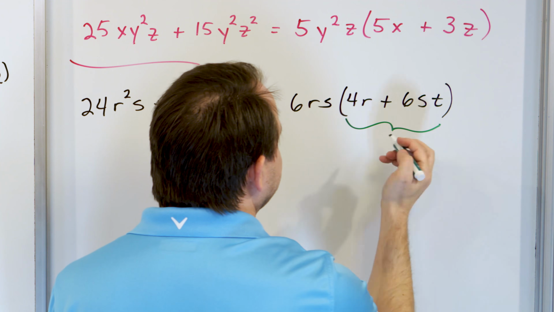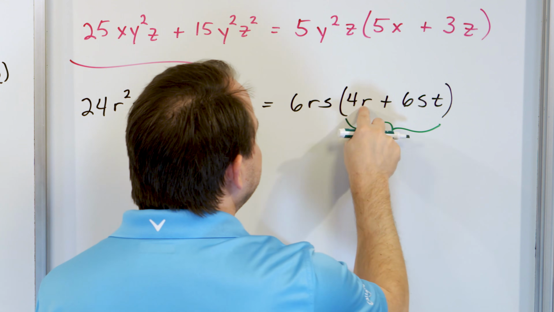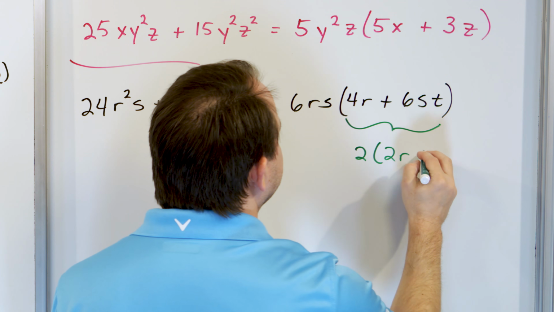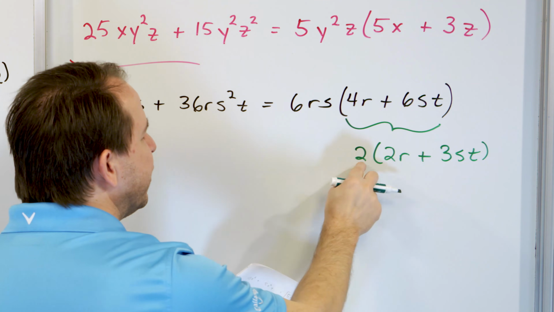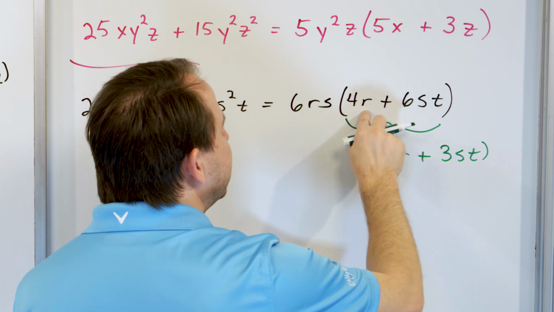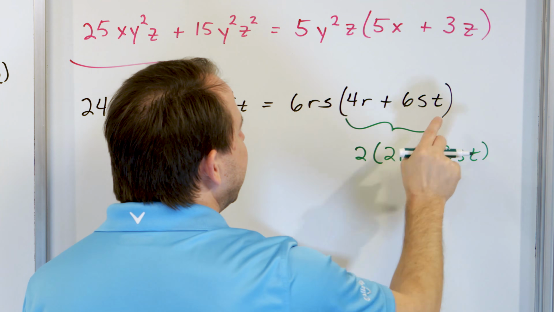Well, the biggest factor here is 2. So I'll just pull out a 2. What do I need to give me this? I need a 2r plus 2 times 3 is 6, st. Double check and agree with me that this multiplied together gives you this, 4r, 6st, right?